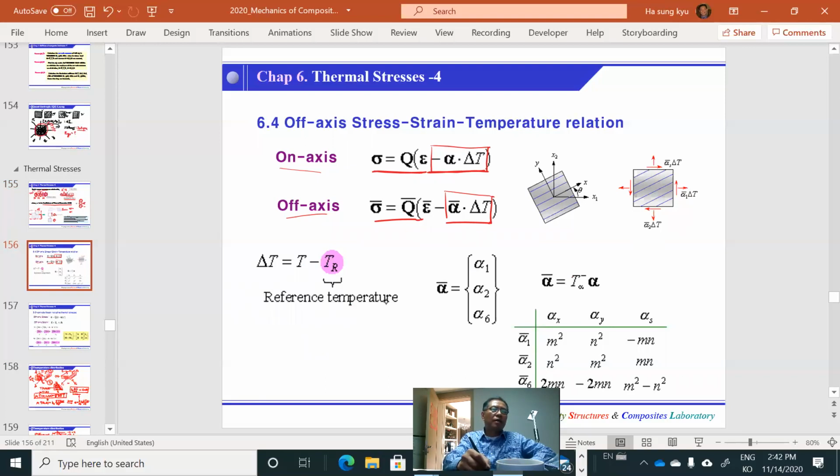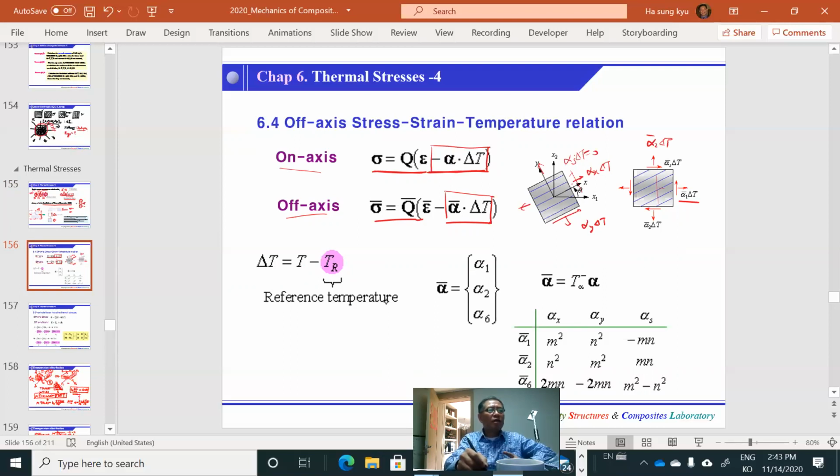Let's say this is the material property, like alpha x delta T, and this is alpha y delta T, and so on. Alpha s is mainly 0, right? Now in off axis, meaning the reference direction, we have alpha 1 bar delta T, alpha 2 bar delta T, and alpha 6 bar, something like that, right?